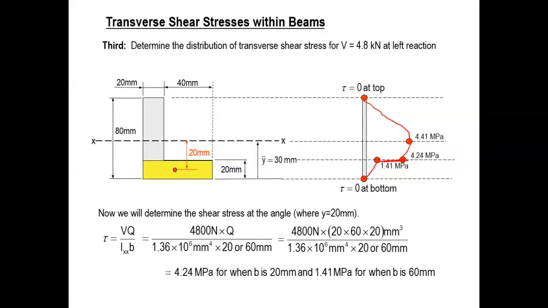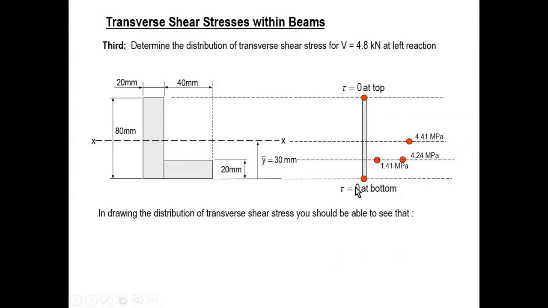That is the variation of the shear stress over that cross section. You're going to have the maximum right at the neutral plane. So remember, the shear stress is always maximum at the neutral plane. It is zero at the top, zero at the bottom, maximum at the neutral plane.